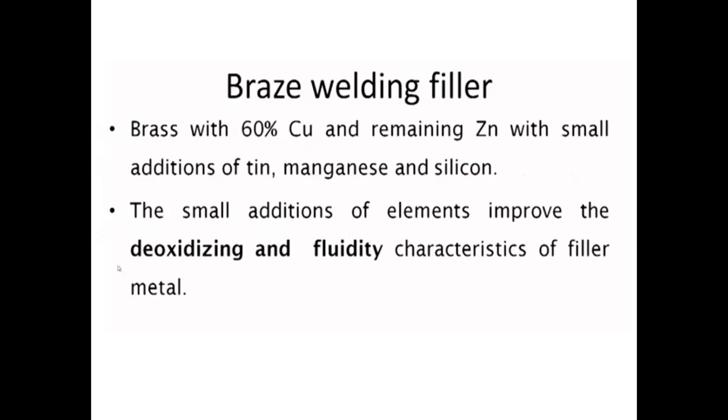The small additions of elements also improve deoxidizing and fluidity characteristics. This is another reason not to have oxidation, and fluidity, as we have seen in the earlier slides. The addition of that material gives more flowability to the filler metal to go and sit at different spots where the weld has to take place. So those characteristics are offered by the addition of the elements in small percentages.